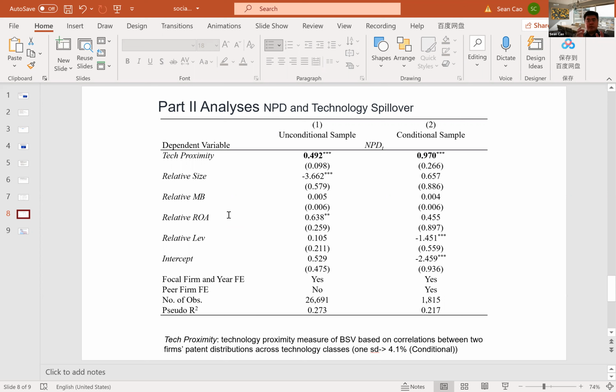In summary, we want to see what drives managers to post competitors' product weakness. If two competitors have very similar products, or similar technology and patents, they are more likely to do so.